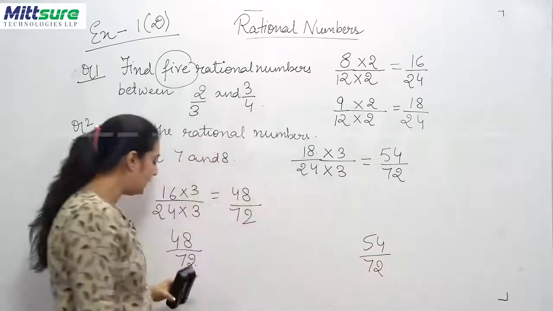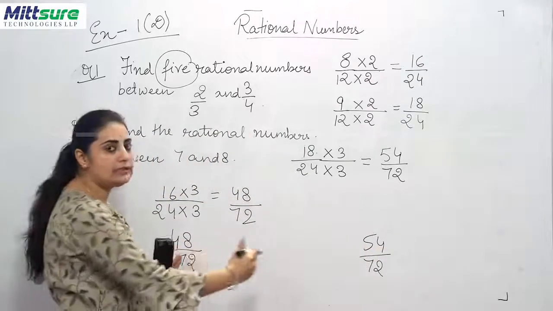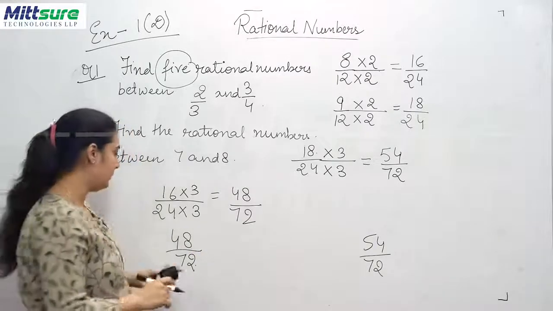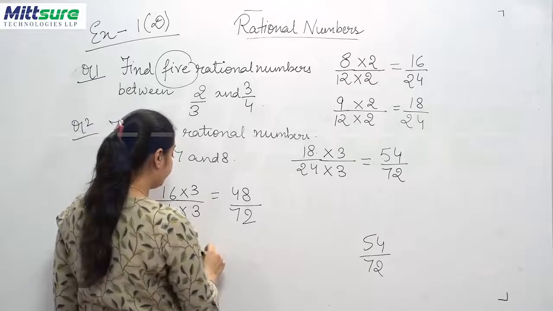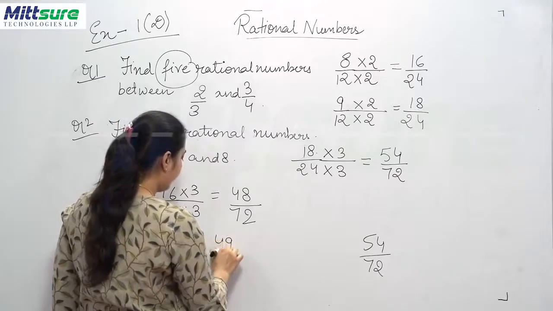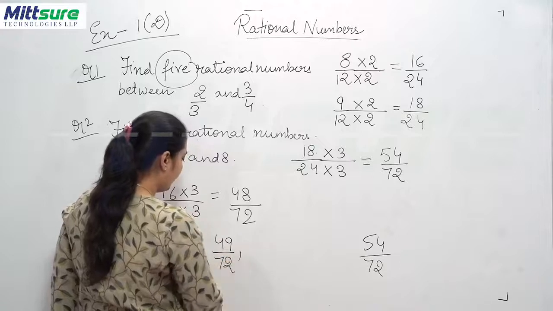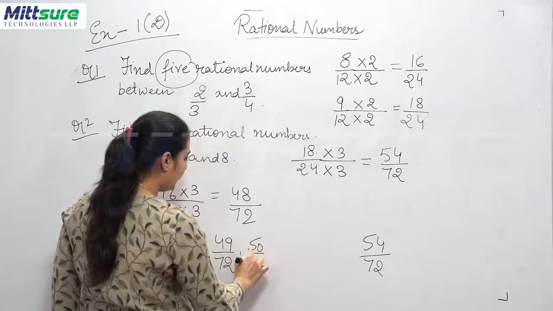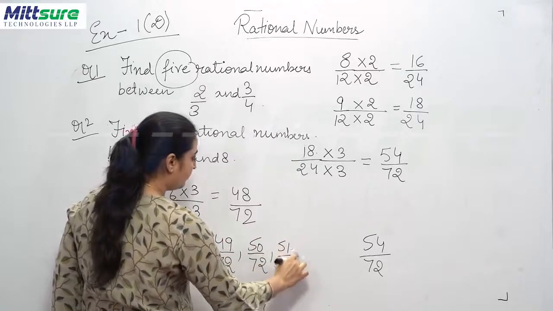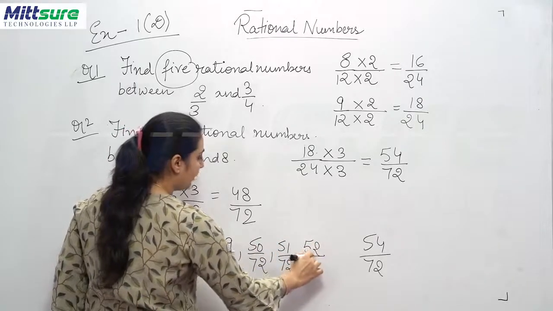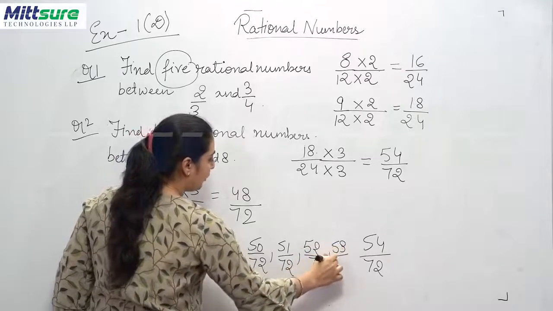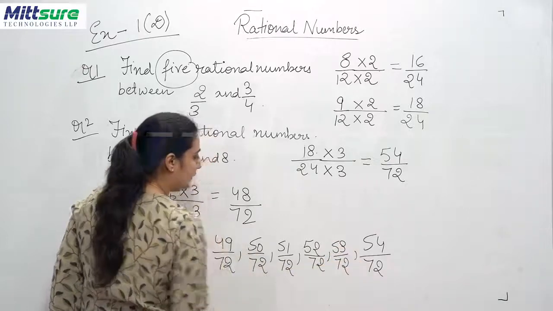Now it is very easy because you have increased your range and you can easily find 5 rational numbers between them. So we have 49 upon 72, then 50 upon 72, then 51 upon 72, 52 upon 72 and 53 upon 72. Clear?